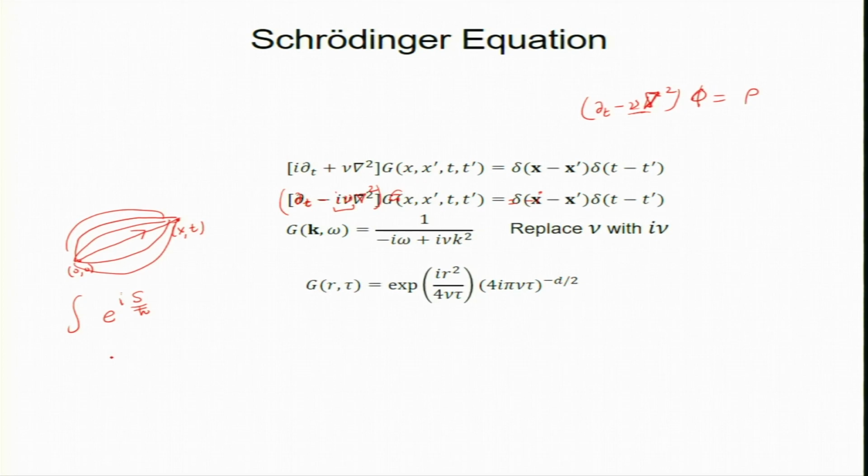So, action is integral Lagrangian dt by h bar, sum over all paths. This is the Feynman path integral, which is nothing but the Green's function, exactly the same Green's function, this G of R, T. If you do not believe me, let us compute it.